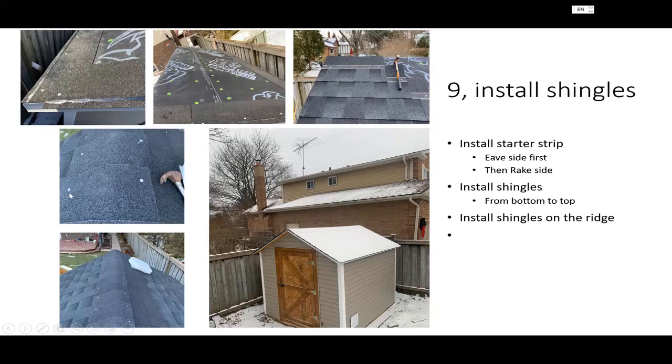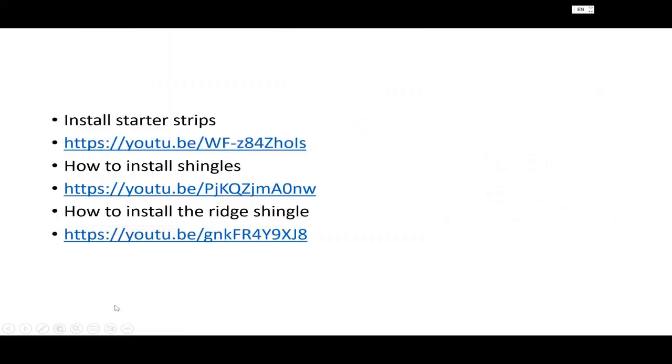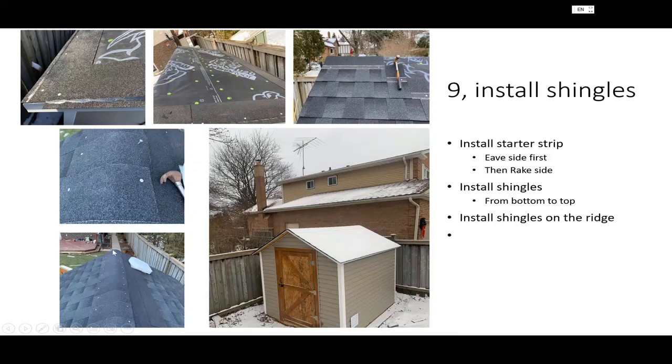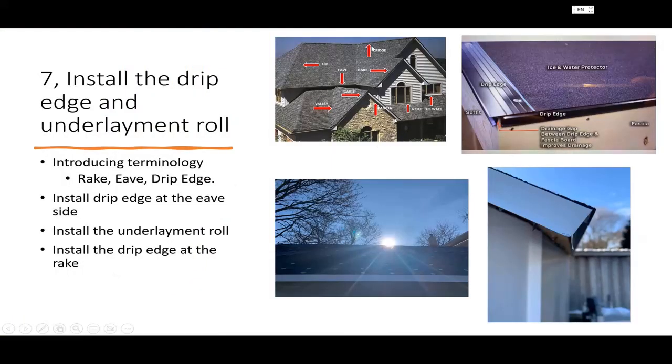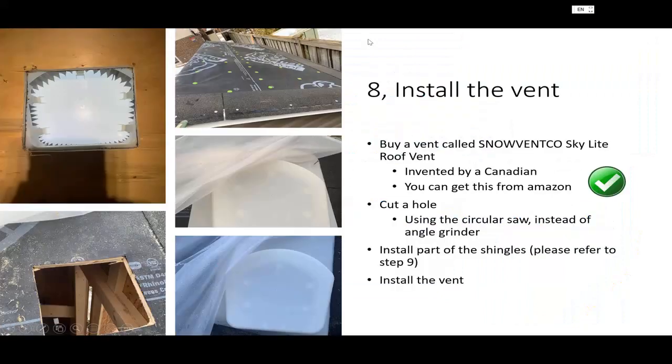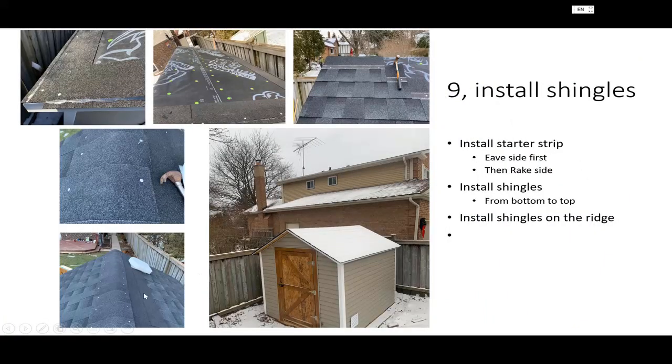And then you do another side, and then finally you install the shingles on the ridge. So this is called the ridge again. Okay, this is the ridge. I'll show you again. Yeah, so this is the ridge. So you do this side first, and then the other side, and then after that you do the ridge. So we put some nails on it, and that's the end of the project.